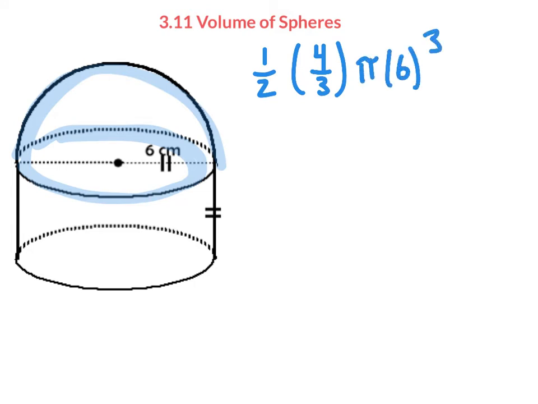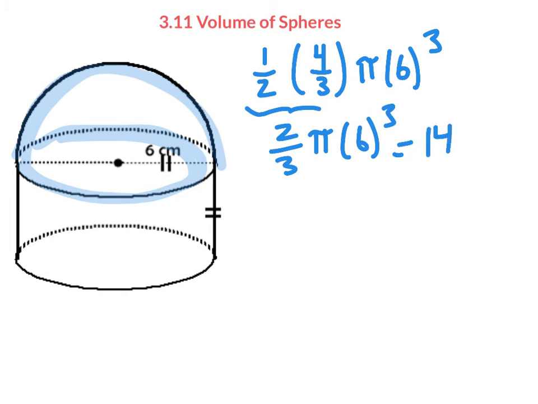If you do that work, this actually simplifies to 2/3 pi 6 cubed. And so again, 1/2 of 4/3 is 2/3. Maybe you already knew that in your head, but I just wanted to show you. That's 144 pi, so that's the top part.